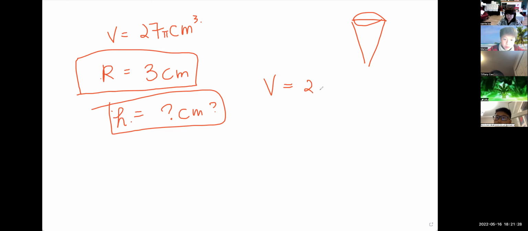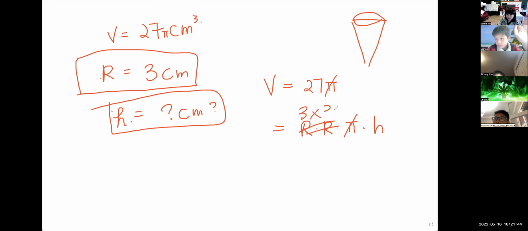We know it's 27 pi. So how do we get this 27 pi? Is radius times pi times height, correct? So for this question, pi and pi is gone. Height, we don't know, but we know radius 3. So 3 times h equals 27. So height equals what? 3 centimeters.